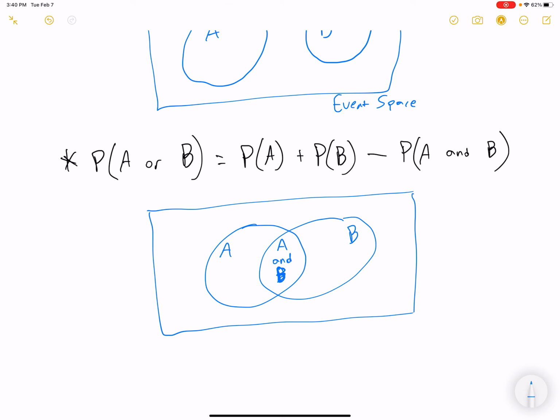So you could see how these rules in isolation might be kind of confusing, but if you draw it out, it's really easy to derive them.